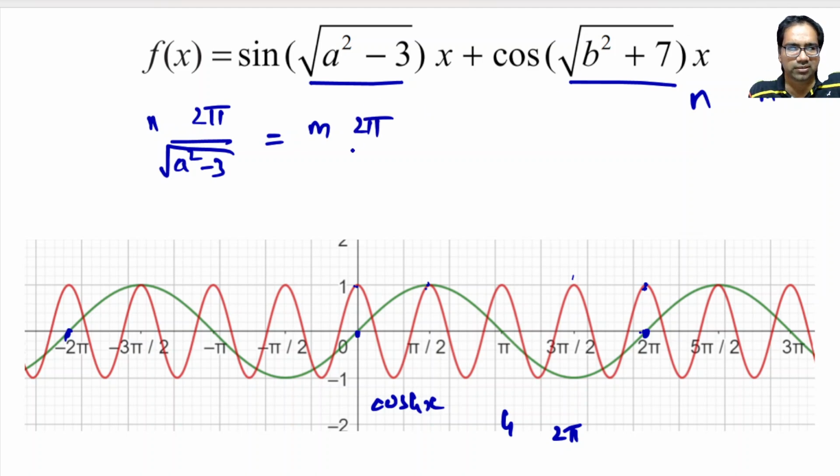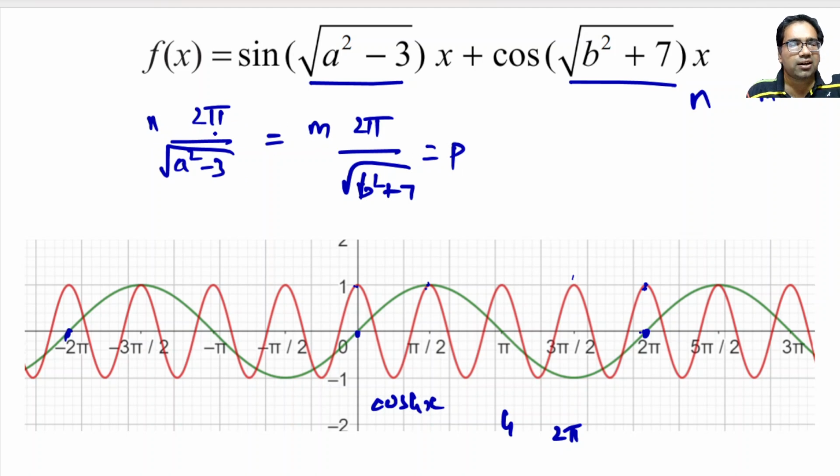This also should give the same period p. So n cycles with each cycle taking this much time, and m cycles with each cycle taking this much time, then both should be equal to some period p. Then only these are periodic.